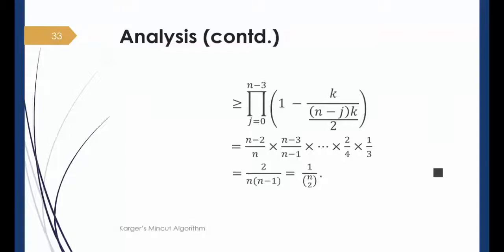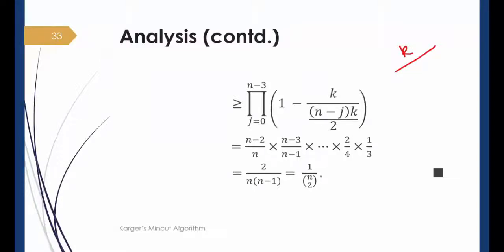Now, what is the probability of actually picking an element from C star? Well, that probability is going to be at least k divided by the total number of edges, where k is the cardinality of C star.